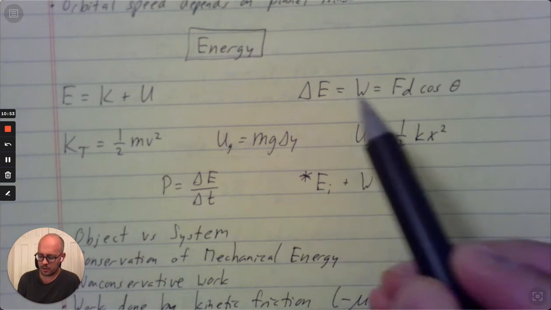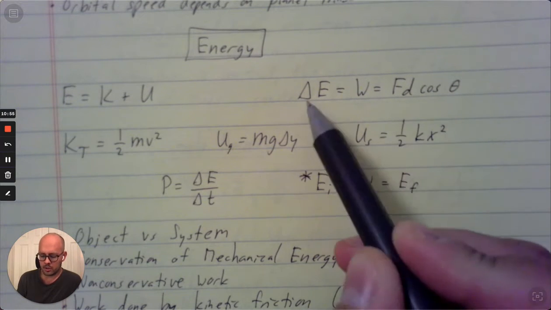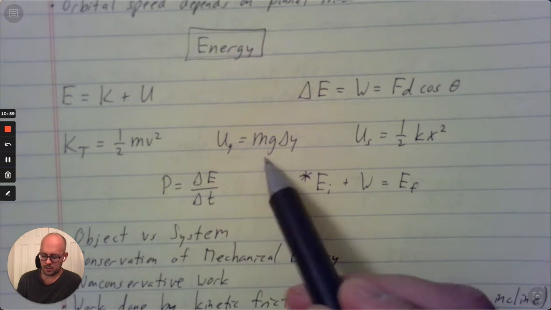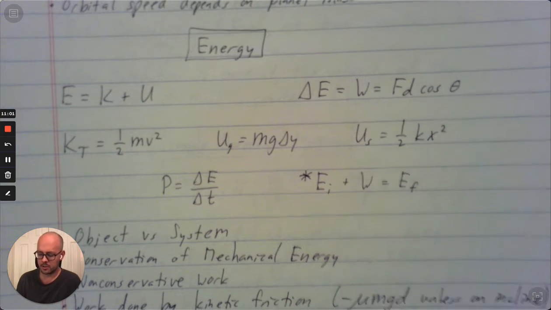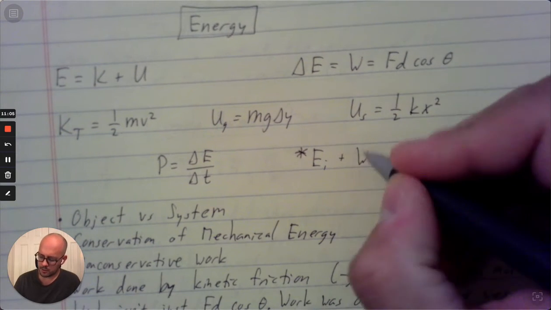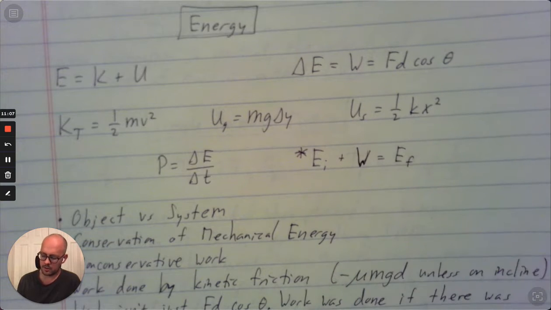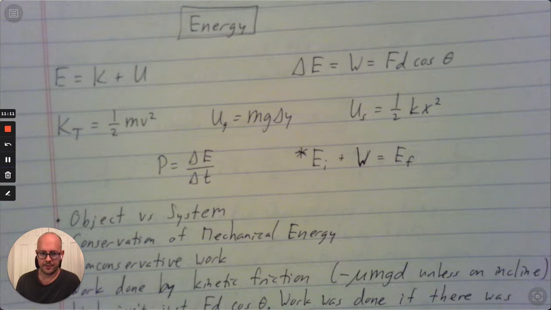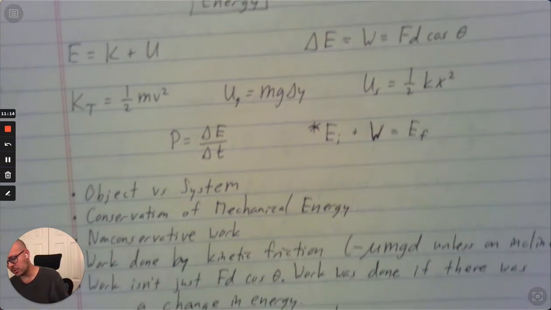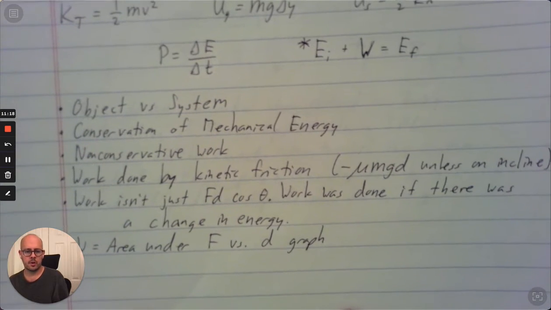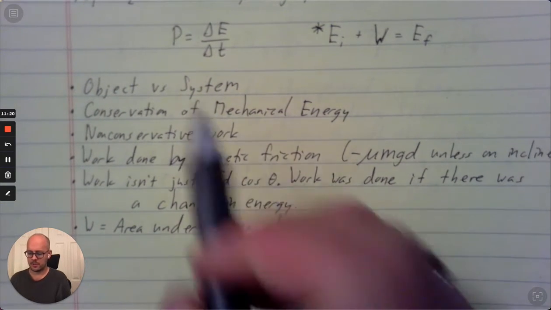Definition of mechanical energy, the definition of work as a change in energy, translational kinetic energy, gravitational potential energy, elastic potential energy, power, and then this generic equation that I write that deals with the idea of work and also encompasses conservation of energy. So in the energy unit, it's very important that you understand whether a question is asking about an object or a system.